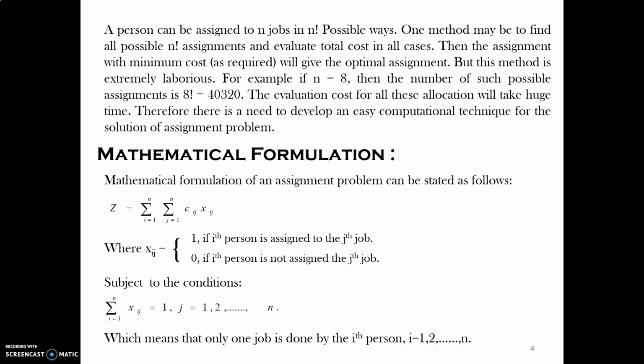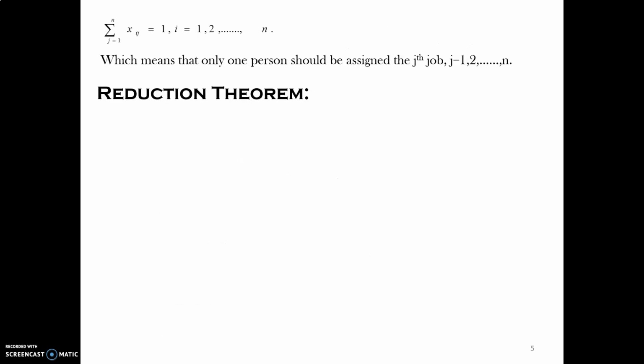One person can only do one kind of job. If one job is assigned to that ith person, no other job will be assigned to that person. That again means that one person can be assigned one job.